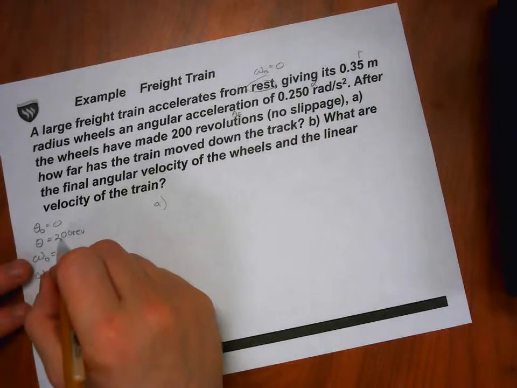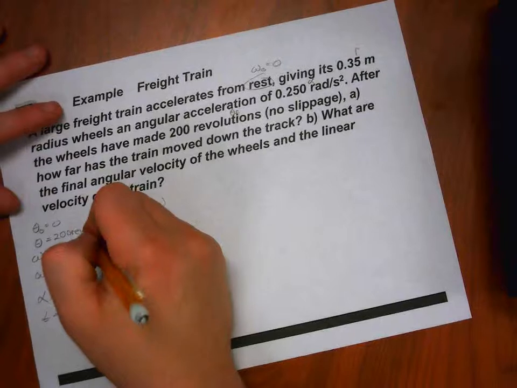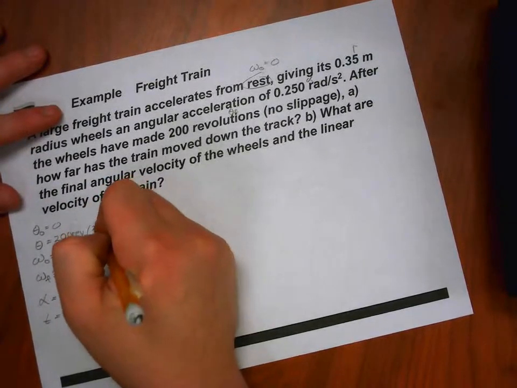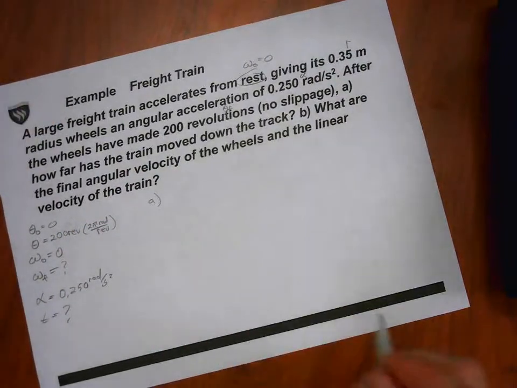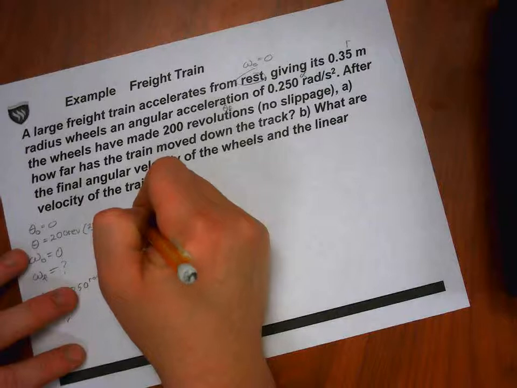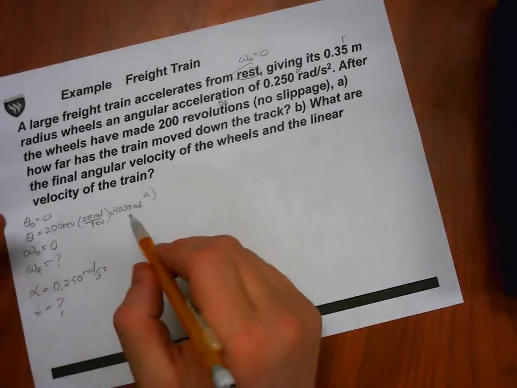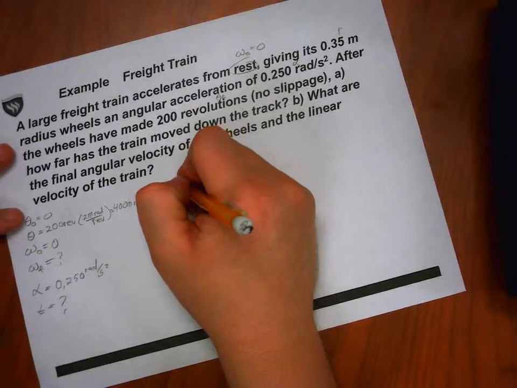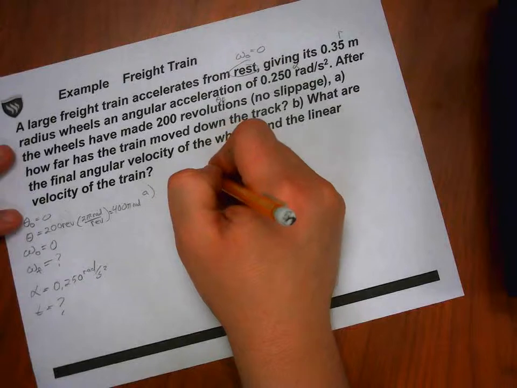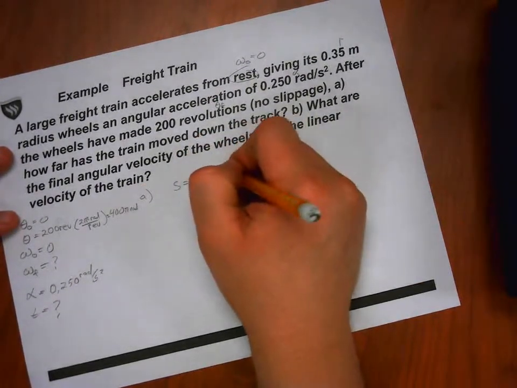In part A, the angular displacement is 200 revolutions, and we can multiply that times 2 pi rad per revolution, which gives us 400 pi rad. So that's the angular displacement. Now we just need to know that the arc length traveled is equal to r times theta, and that arc length is equal to x.